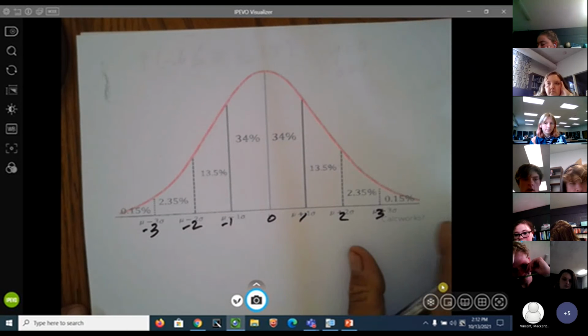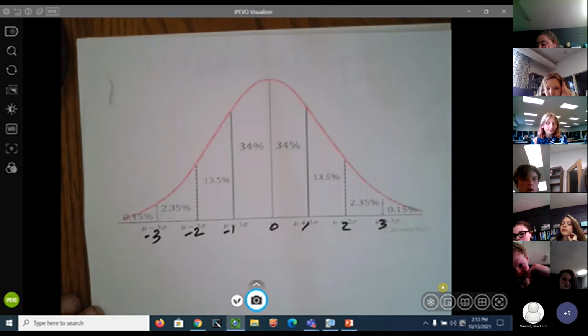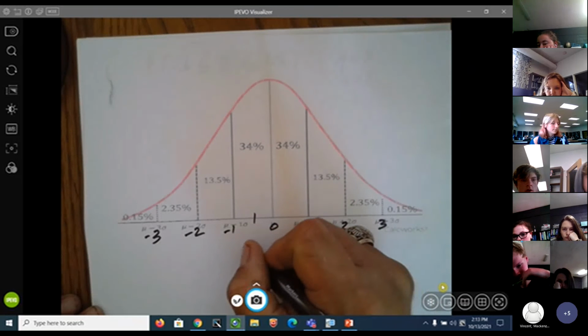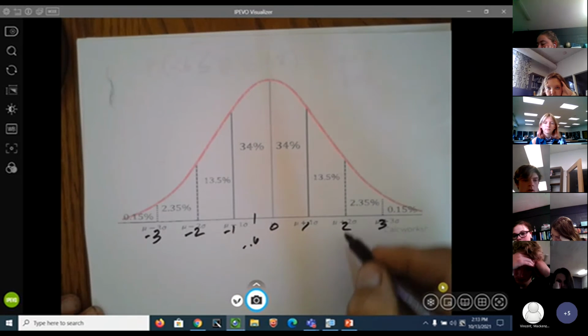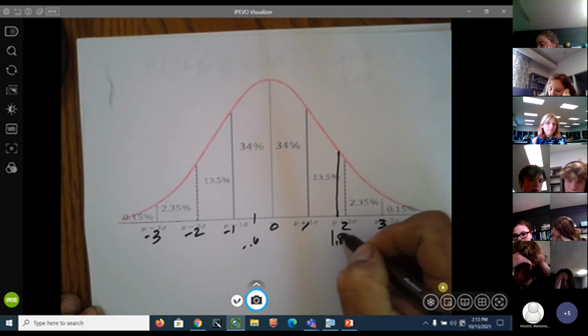And we want to know between negative 0.6, which is right there, and 1.8 would be right there.